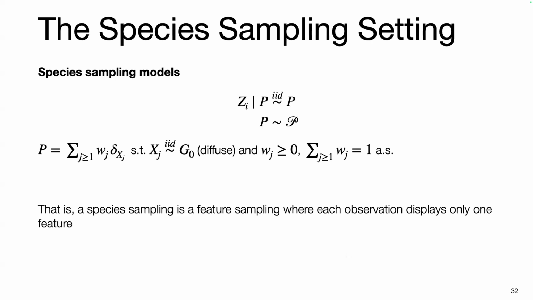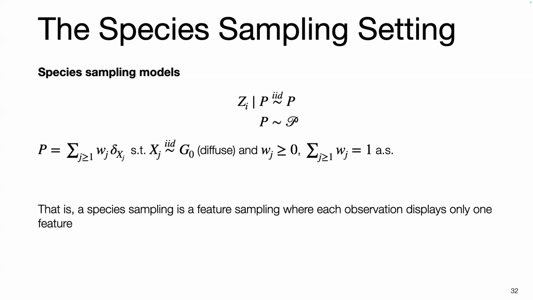Predictive characterizations in the feature sampling or feature allocation setting are not widely studied, but there is a rich literature in the species sampling setting. Formally, we can consider a species sampling model as a subclass of a feature allocation model, because in a species sampling model, each observation displays only one feature, that is its species.